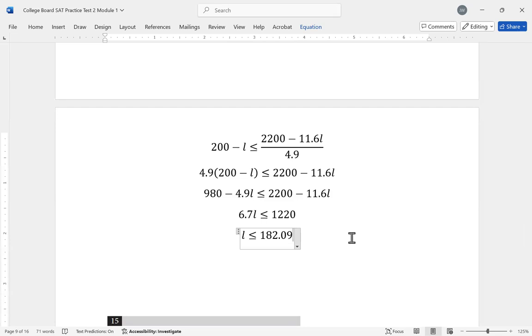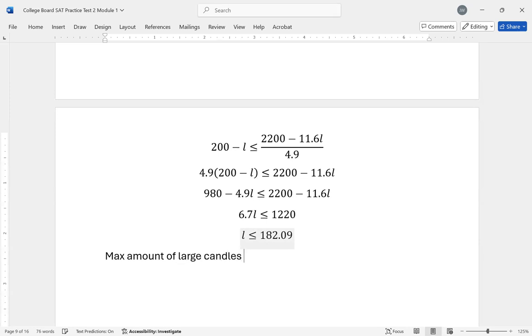Because we can't buy 0.09 of a large candle, remember L stood for the amount of large candles, what we are saying is that the maximum amount of large candles I can buy is 182. So the max amount of large candles we can buy is 182.